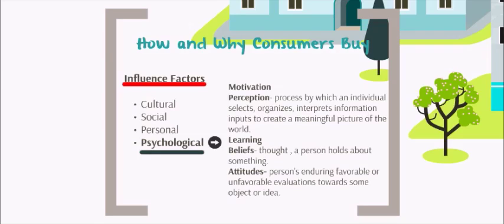Talking about perception, it's a process by which an individual selects, organizes, and interprets information inputs to create a meaningful picture of the world. Learning. Belief, a thought a person holds about something.